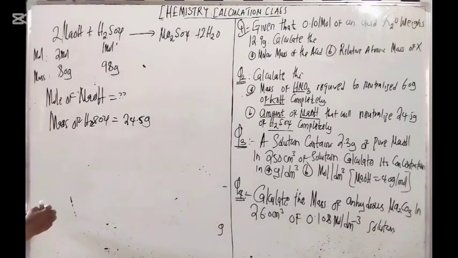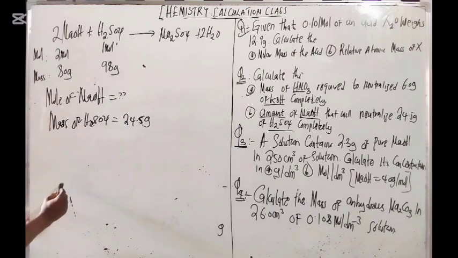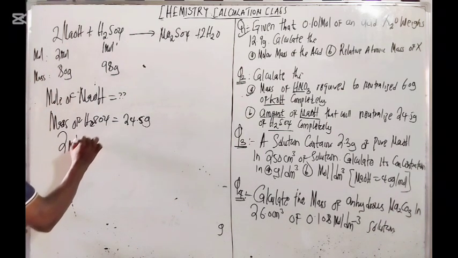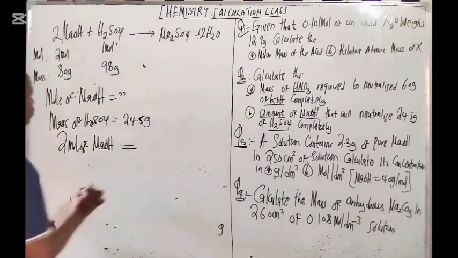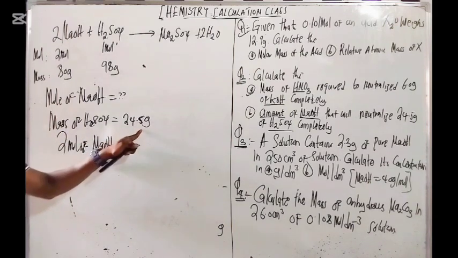So if you check very well, you go to the mole to mass relationship: mole of NaOH and mass of H2SO4. Now the mole of sodium hydroxide is 2, so 2 mole of NaOH is equal to the mass of H2SO4, because the mass was given to us.